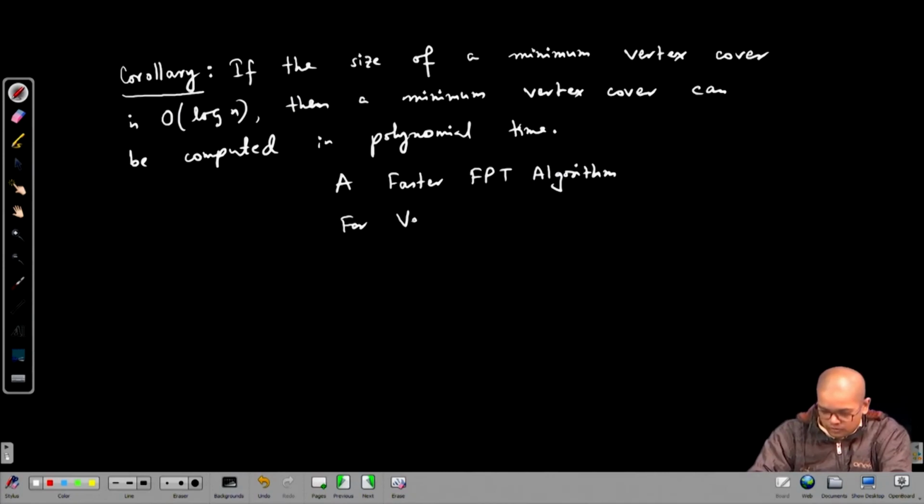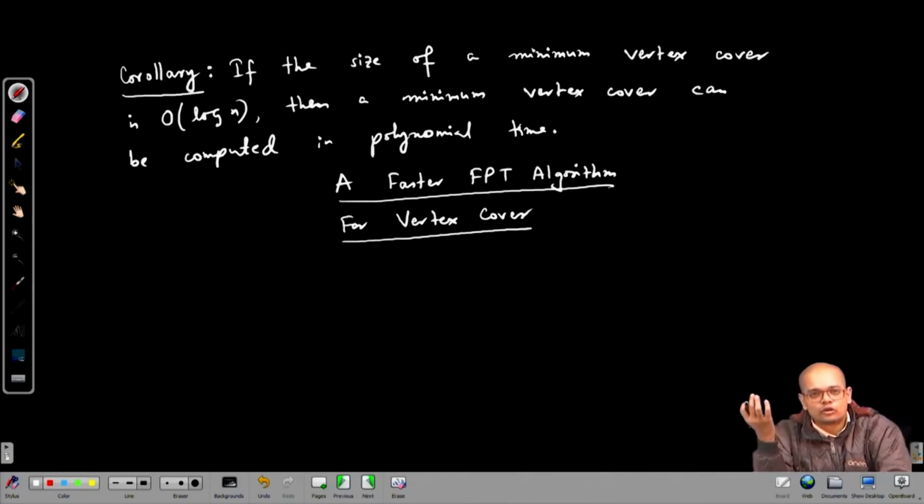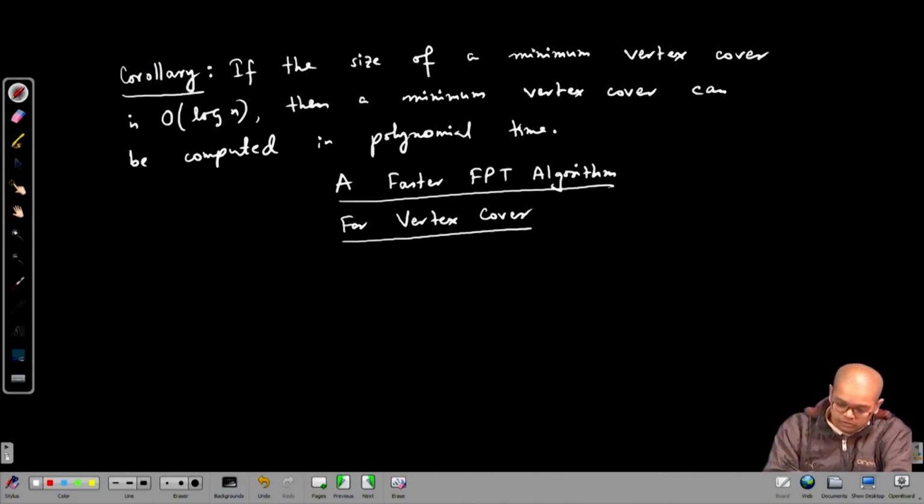So for that, we observe that if the maximum degree of any vertex in a graph is at most 2, then the vertex cover can be computed in polynomial time.